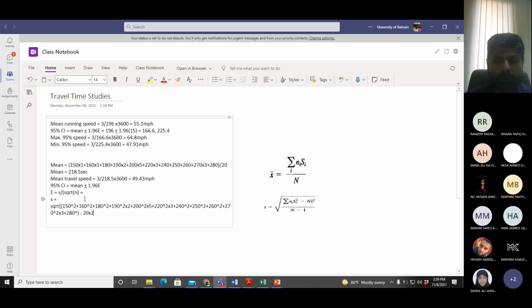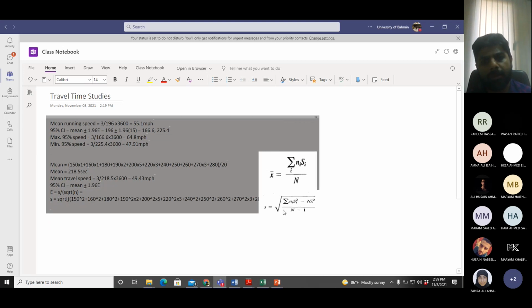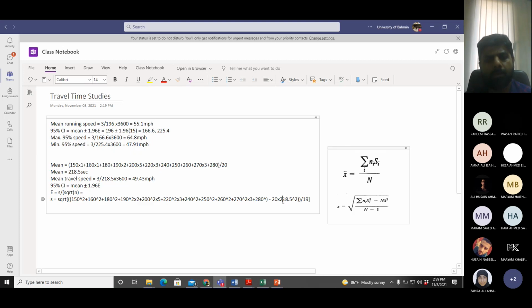X bar is the mean, so 218.5 square. So this is your numerator, and the denominator is capital N minus 1, number of observations minus 1, which is 19. So calculate the big bracket first, then you can subtract this value, and then whatever answer you get, divide by 19, then take the square root.